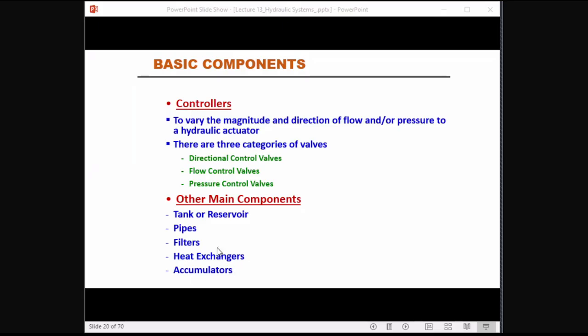Heat exchanger කියන්නේ මොකක්ද? What are the applications in hydraulic system? What are the applications? Why we need to use this heat exchanger for this hydraulic system or a pneumatic system?